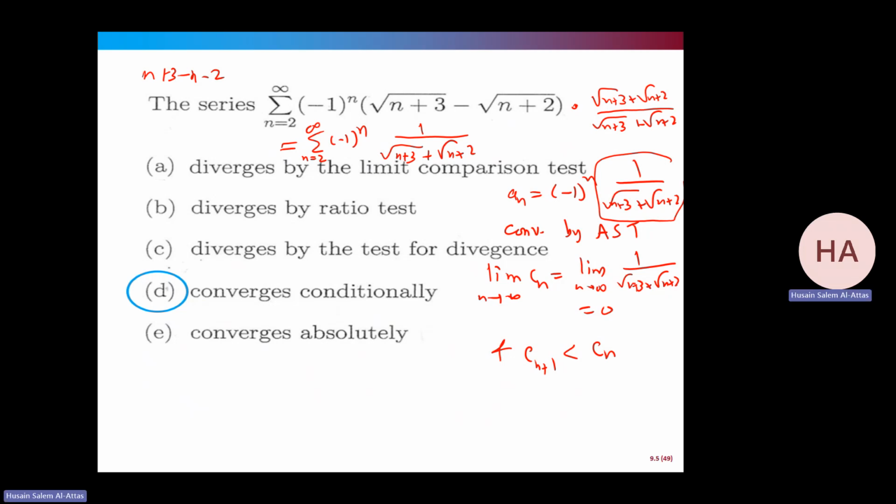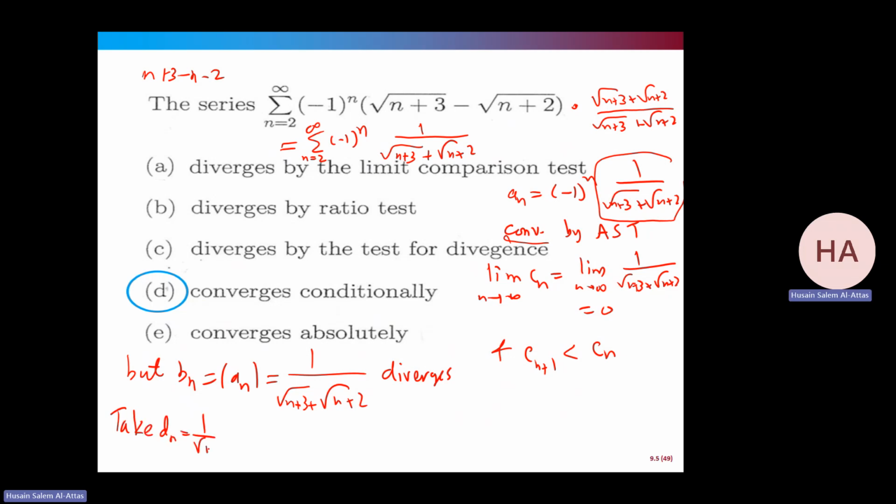So it converges by the alternating series test. But b_n, the absolute value of a_n, which is 1 over sqrt(n+3) plus sqrt(n+2), diverges. Why? Take d_n as 1 over sqrt(n), and find the limit as n goes to infinity of b_n over d_n.